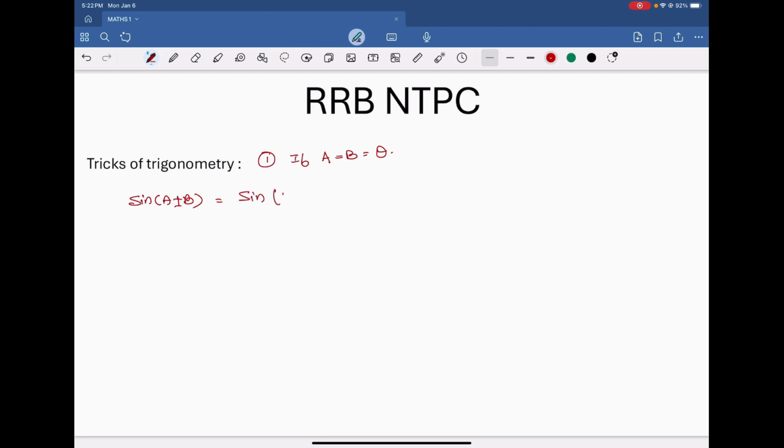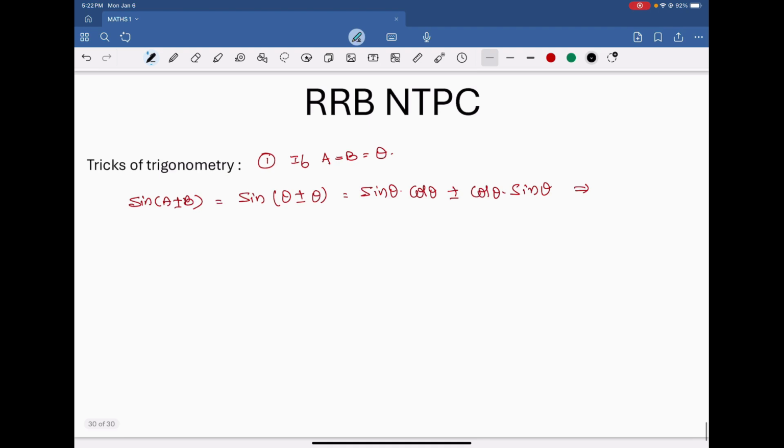That is equal to sin theta cos theta plus or minus cos theta sin theta. That implies sin 2 theta, and then sin theta minus theta.